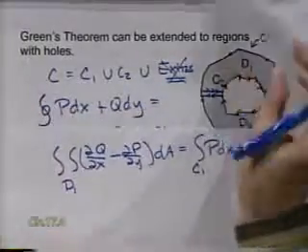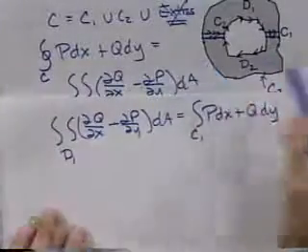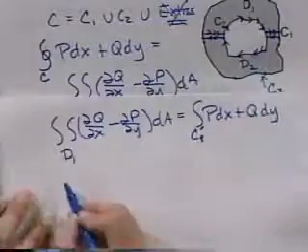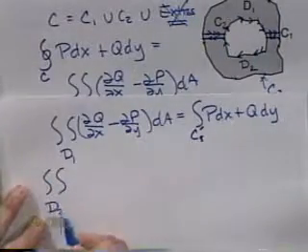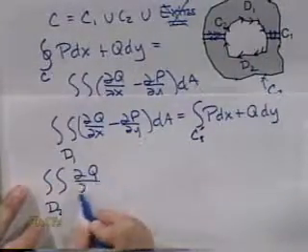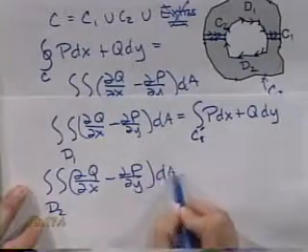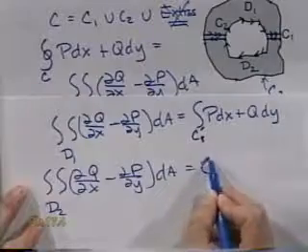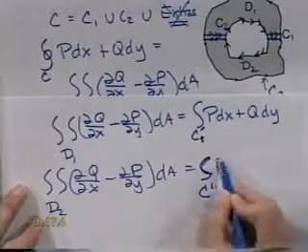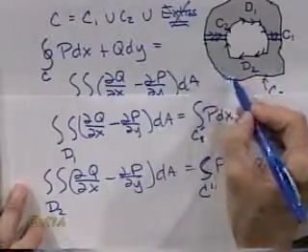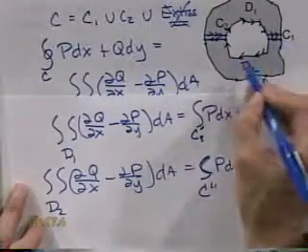I shouldn't call that C1, he was C prime, I apologize. And also the double integral over the bottom guy, D2, of partial of q with respect to x minus partial of p with respect to y dA would equal the integral over C double prime of p dx plus q dy, because that's also a simple closed curve when you go like this, like that.